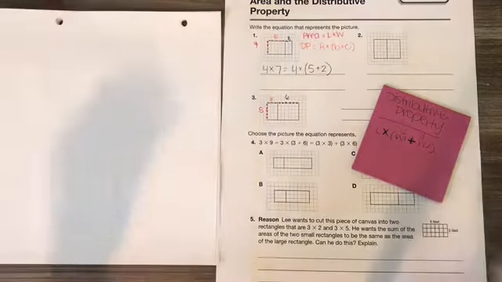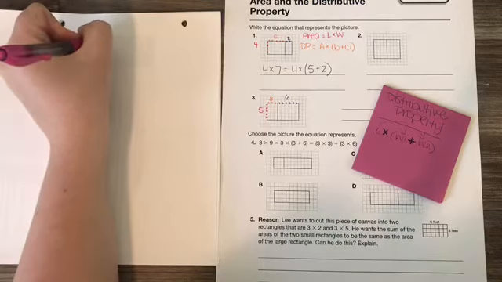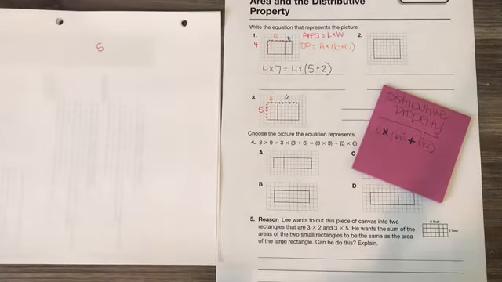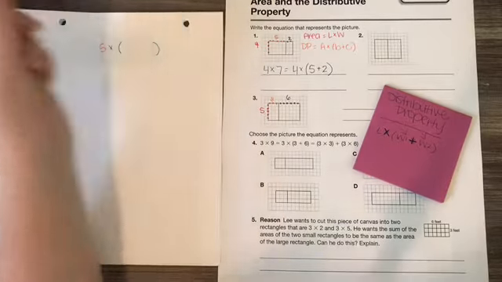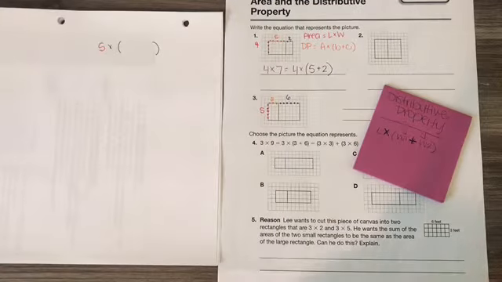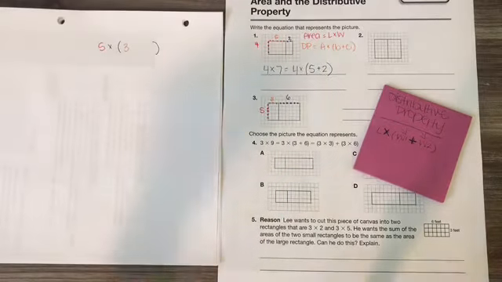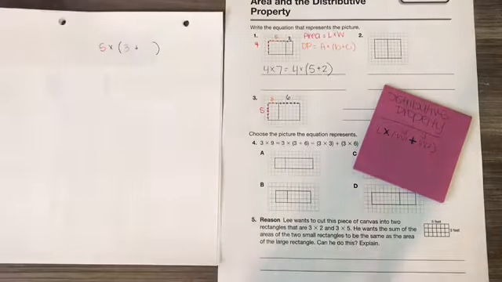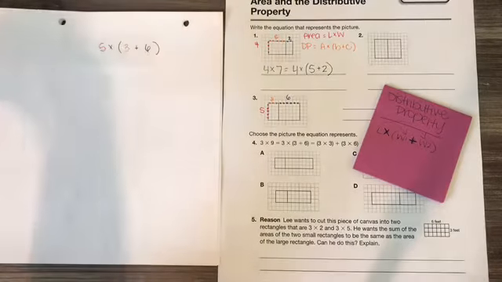Okay, so then to write out this problem, I'm going to write 5. We're going to multiply that. So in the parentheses, we have our first width of 3. And then we're going to add that to our width of 6.